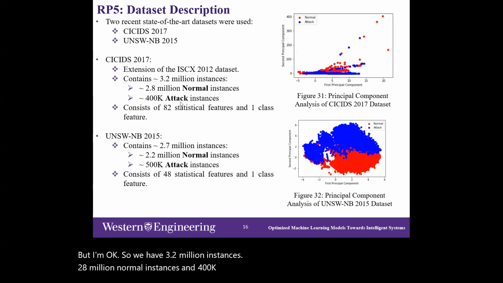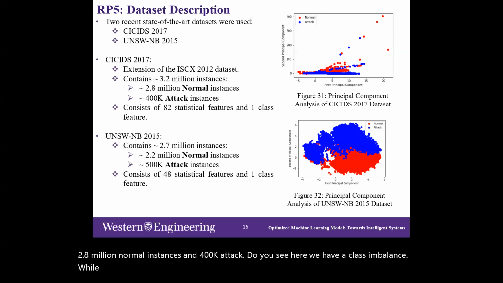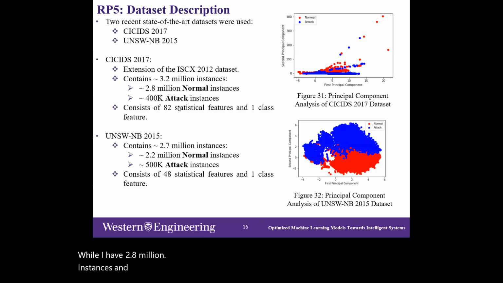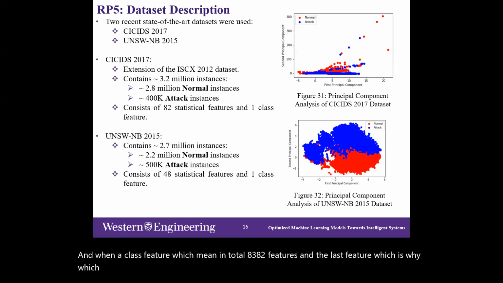Do you see here we have a class imbalance? While I have 2.8 million instances, there are only 400K attacks. And there are 82 features, including one class feature, the last feature, which is Y, the label, which is the class.